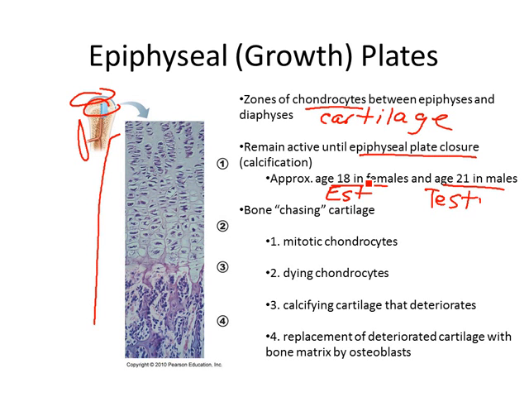So males, once they reach puberty, which is actually a little bit later, 12 to 15, okay, once they hit puberty and start making more testosterone, that activates or speeds up their chondrocytes, and they get a big, nice growth spurt.